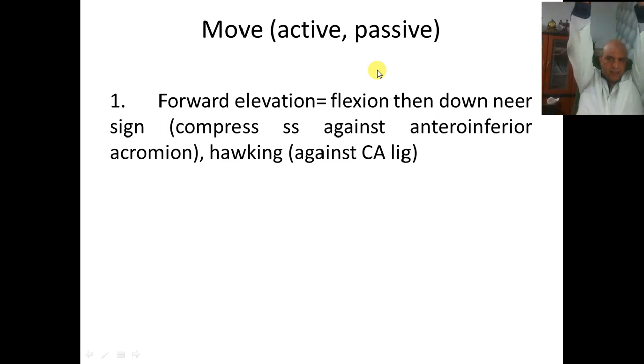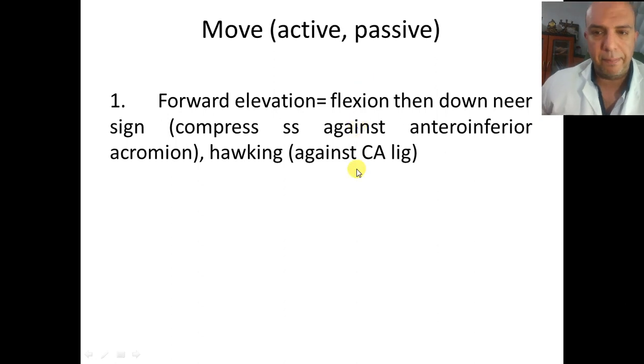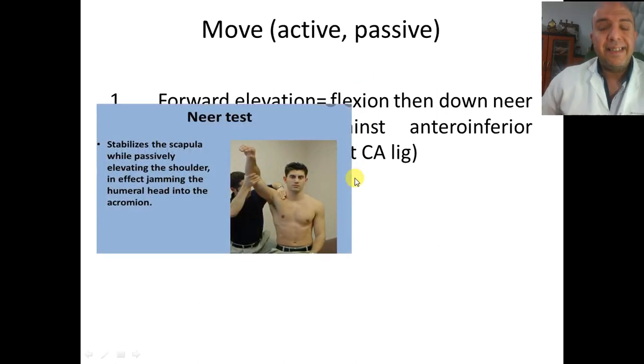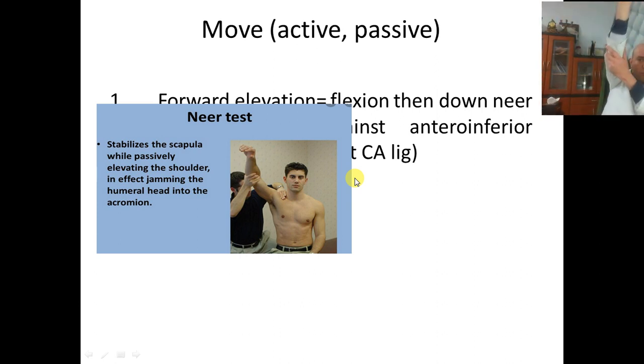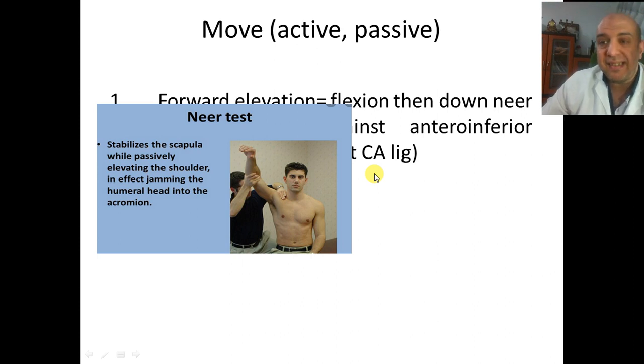He is doing forward elevation of both upper limbs. For the Neer test, I complete his movement and compress the greater tuberosity against the supraspinatus, so he feels pain. So with forward elevation, I augment with Neer, put my hand to elevate his arm like this, and feel whether there is pain or not. This is the Neer test, one of the impingement tests.